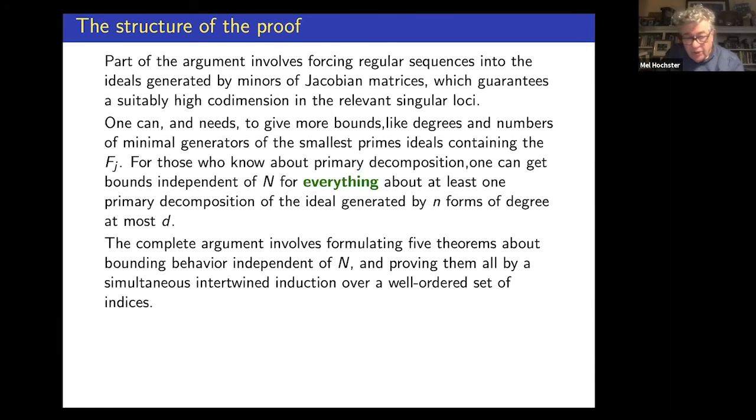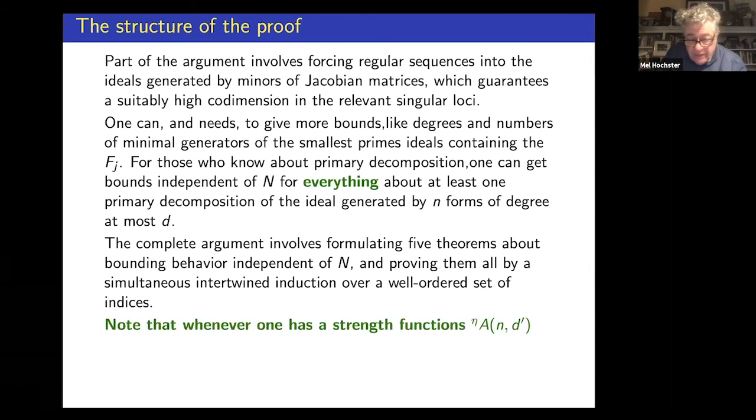It's similar to the ordered set you get if you're studying homogeneous lexicographic order on monomials. That's a well-ordered set. This one is really isomorphic to it, the one you use in these proofs.